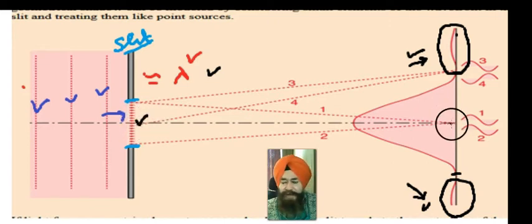And why does this happen? You notice this point will be very bright. Why?